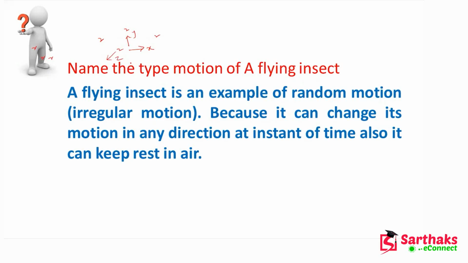I cannot define. So it is a random or irregular motion, because the insect may be at the head of uncle or maybe at his feet or anywhere. So it is irregular motion, because it can change its direction at any instant of time.